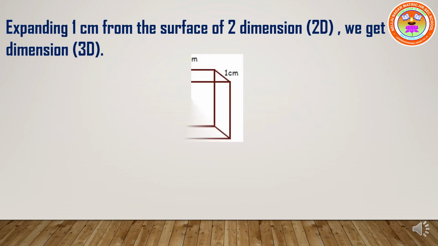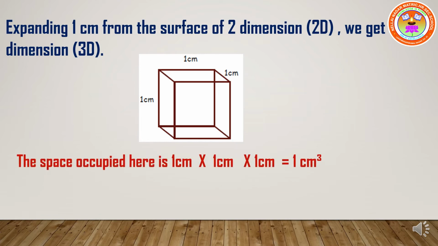So here we have represented the 3-dimensional shape. What is the shape here? It is a cube, and it is of 1 centimeter measurement on each side. The space occupied here is 1 centimeter into 1 centimeter into 1 centimeter, that is equal to 1 centimeter cube.